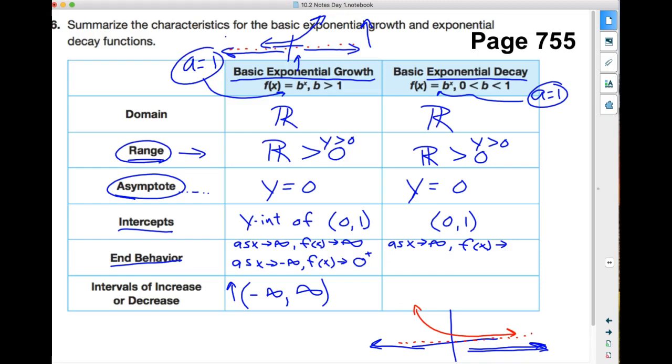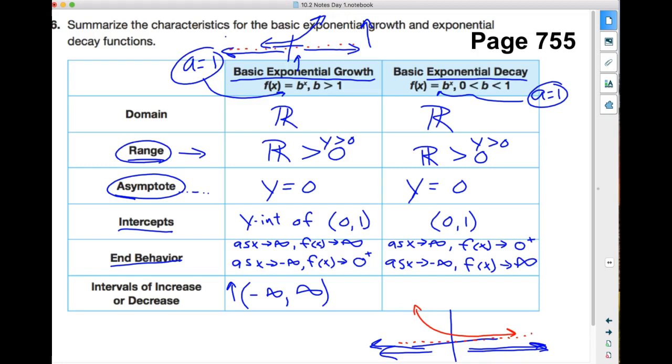F of x is getting snug as a bug in a rug to 0 from the top side. And when I look at my left-hand behavior this way, as x approaches negative infinity, f of x is approaching what? Infinity. It's going straight up or coming from the top down there.